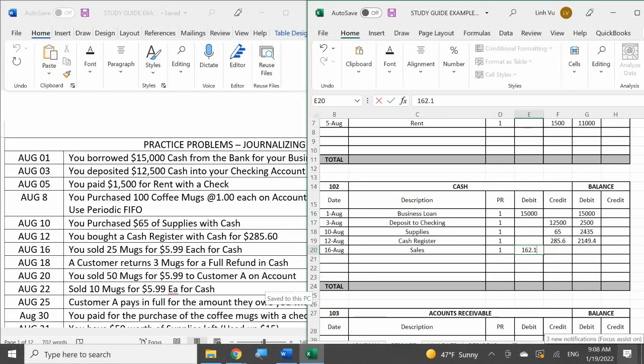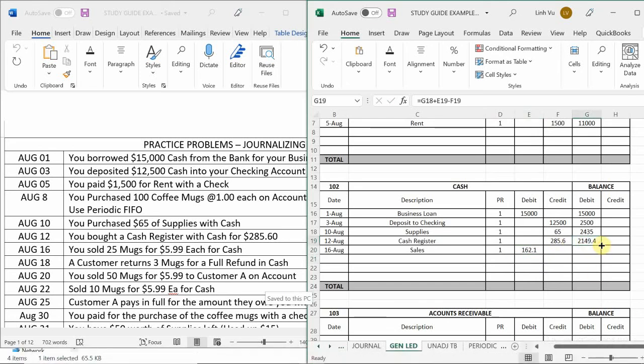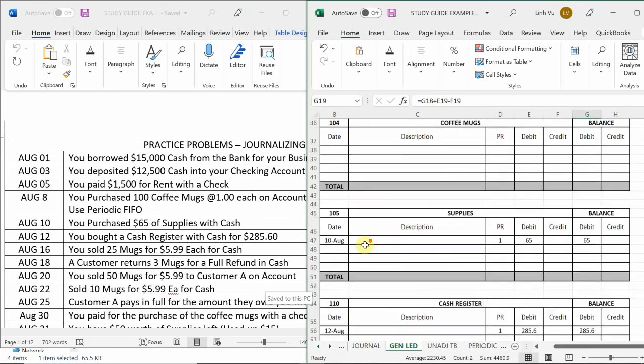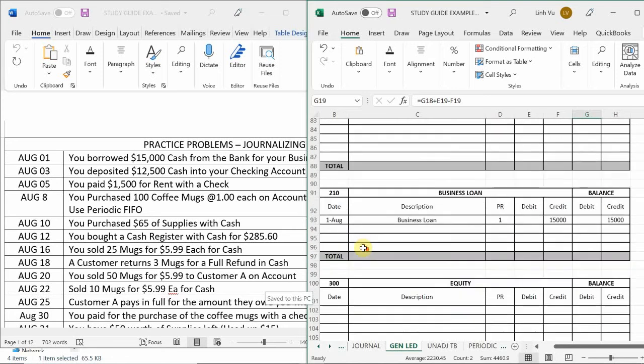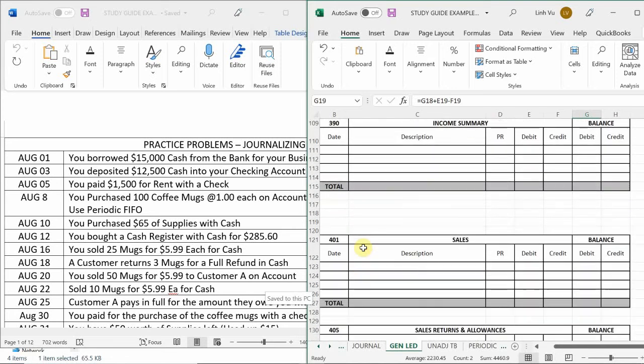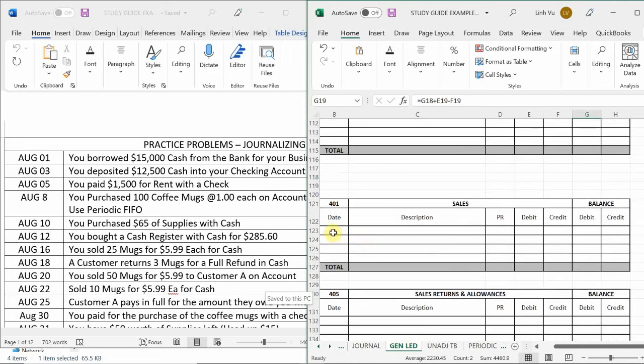So that's going to increase my cash. And then I had sales and sales tax. Sales 401.